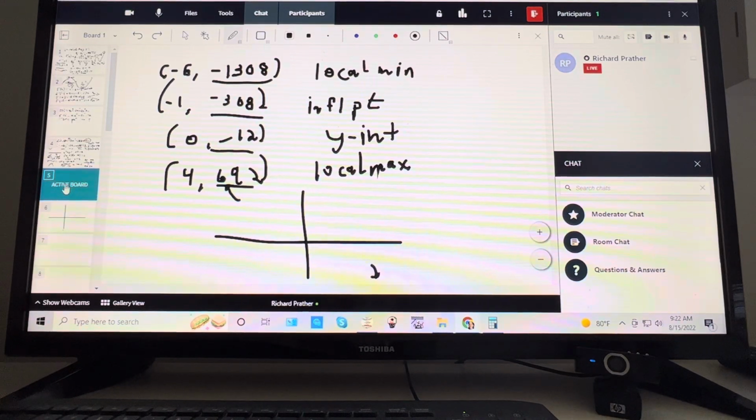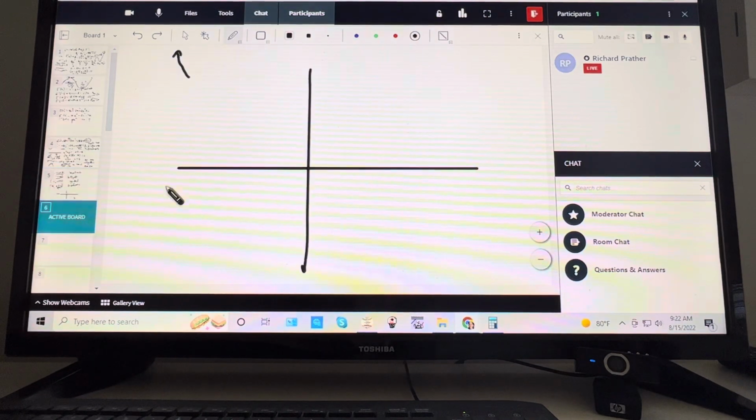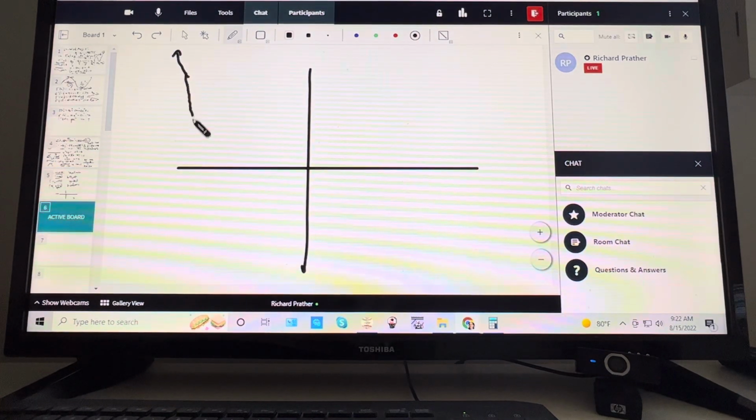Without taking time to find the first x-intercept, it clearly is going to happen before -6, because by the time I hit this local minimum and turn around, that's the coordinate (-6, -1308), or whatever that y value was. So this will be like -7, -8, -9, maybe -20. It might not even be an exact number either. So there's the local minimum.